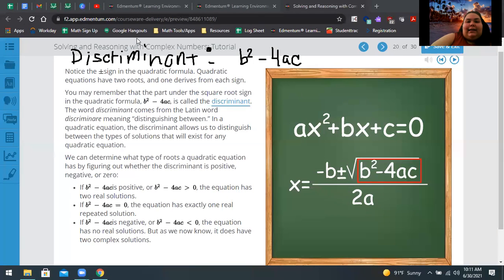So this is how I like to take my notes for this one. When I take my discriminant, you're going to identify your a, b, c values from each quadratic.